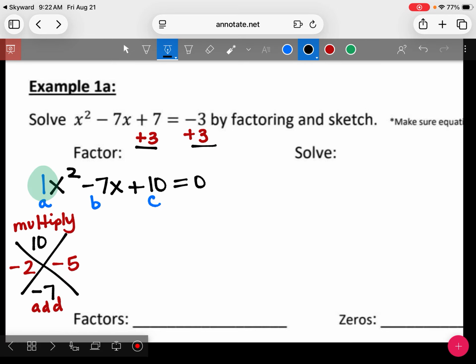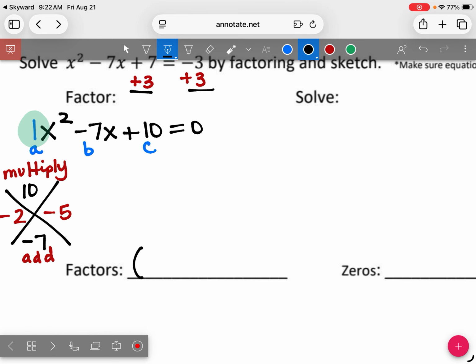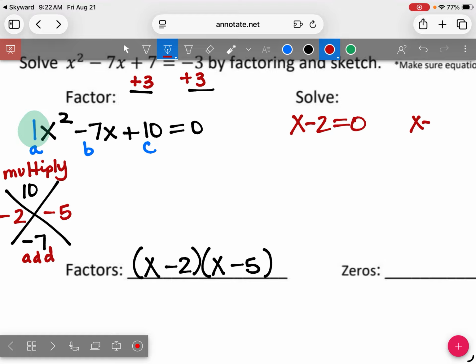We're going to go straight down here, make our 2 parentheses, put an X in front of both, and then put the two numbers that Dwayne gave us. -2, -5. That's the factors. Now solve it. Take x minus 2, set that equal to 0. X minus 5, set that equal to 0 to get your two solutions.